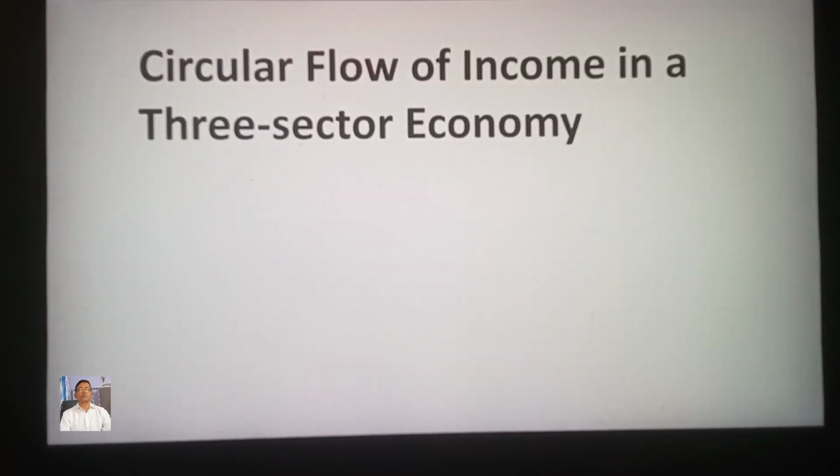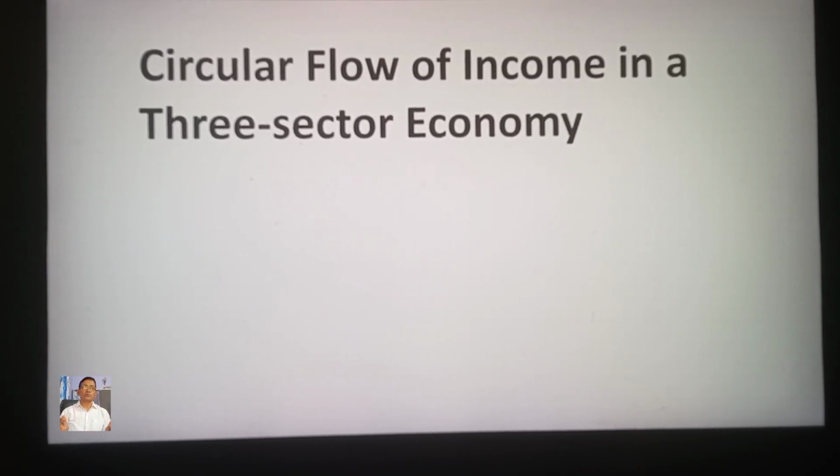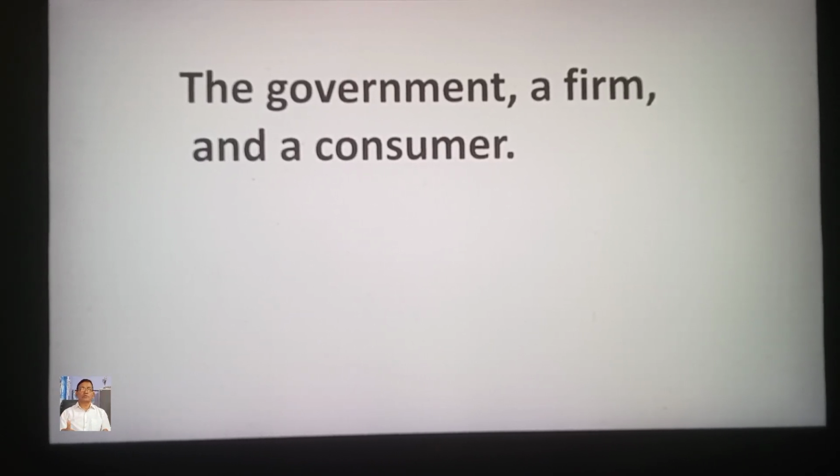Let us discuss circular flow of income in a three-sector economy. Here, the three sectors are the government, the firm, and the consumer. The government plays a crucial role in the economic development of a country.